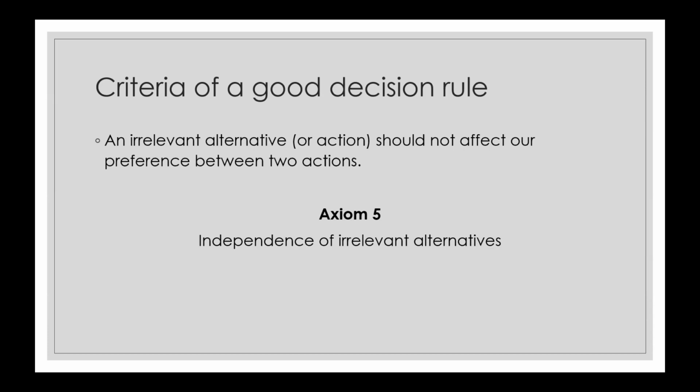So we want to compare action one to action two, action three to action four. If we have to make a decision which action we would prefer between action one and action two, the presence of another action should not in any way influence or change our preference between action one and action two. That is the idea of independence of irrelevant alternatives.